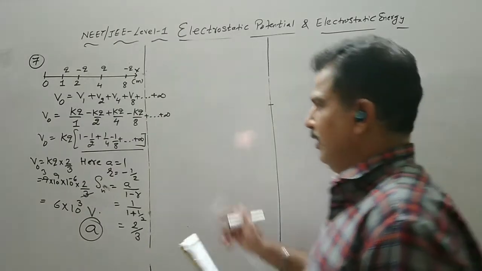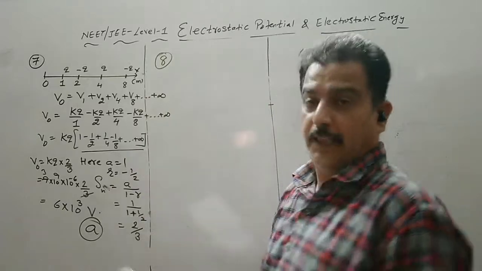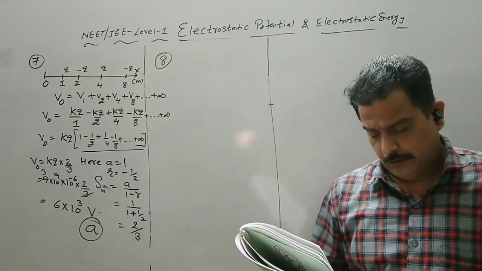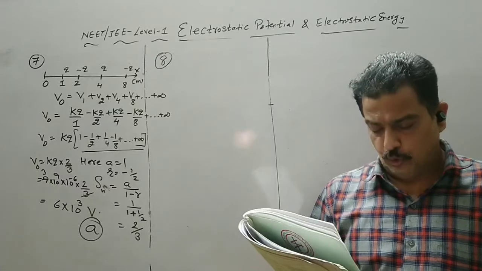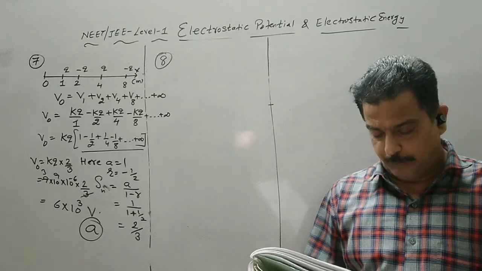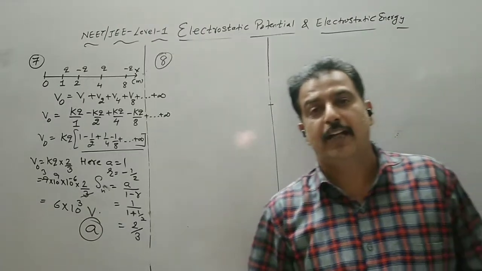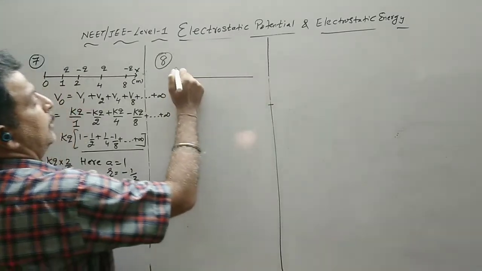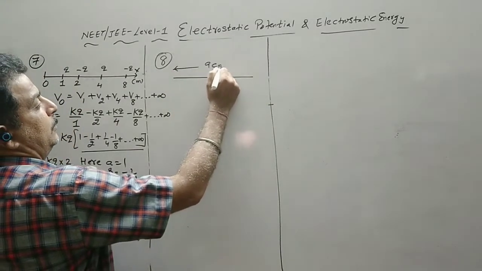Let us see MCQ number 8. 3 charges, that is Q, 2Q and 8Q, are to be placed on a 9 centimeter long straight line. So we have a straight line of 9 centimeter.